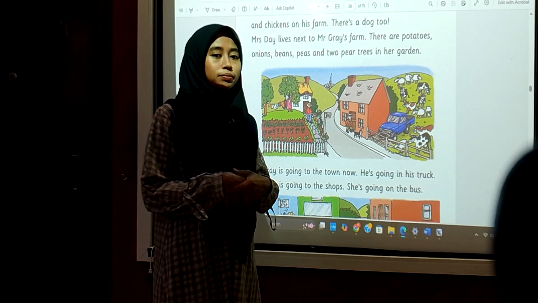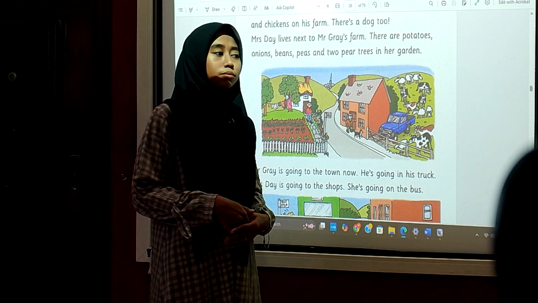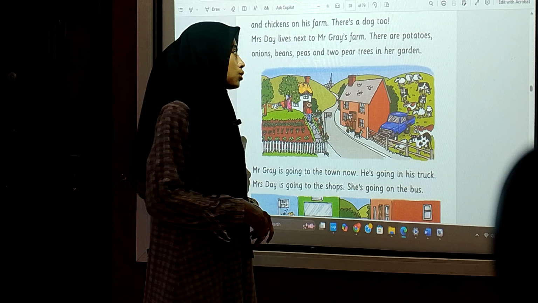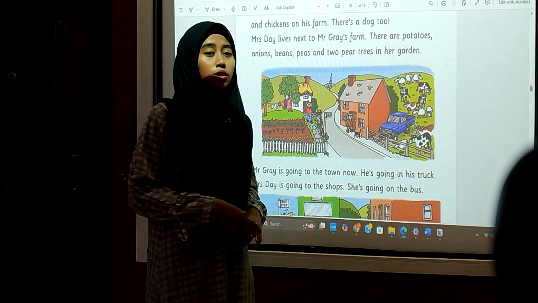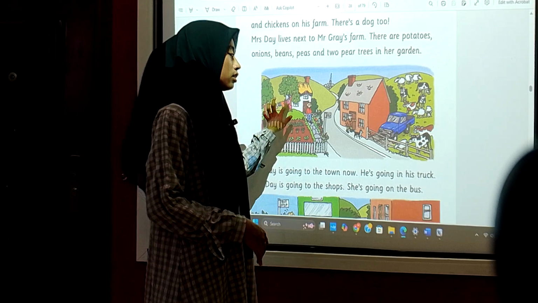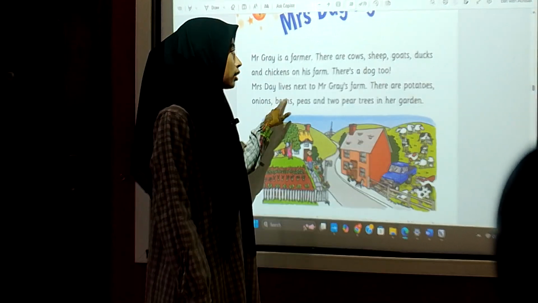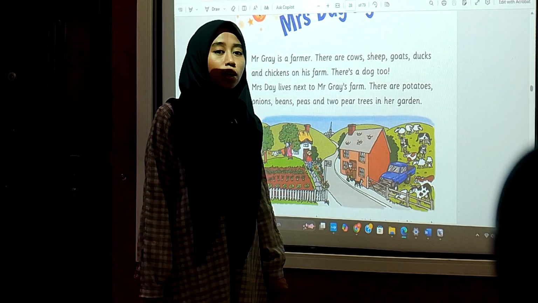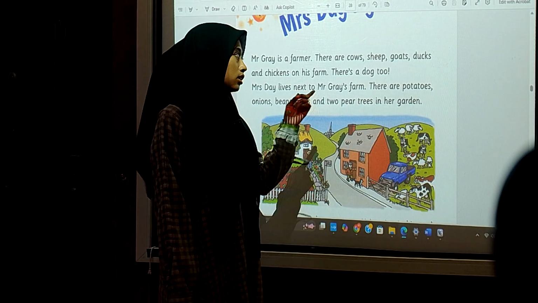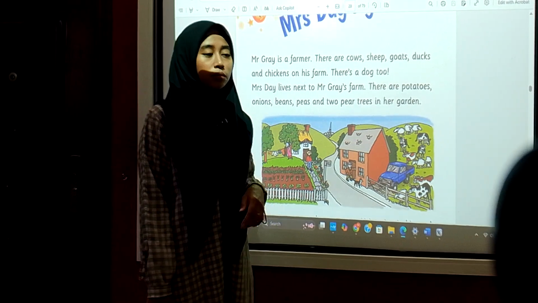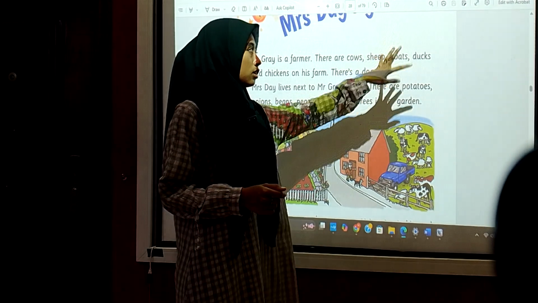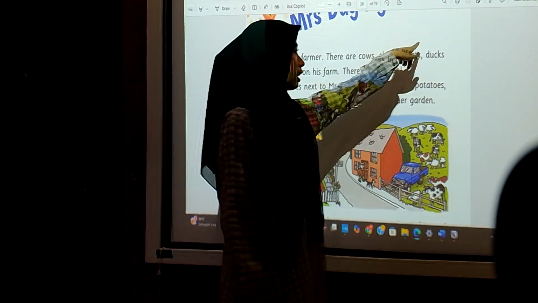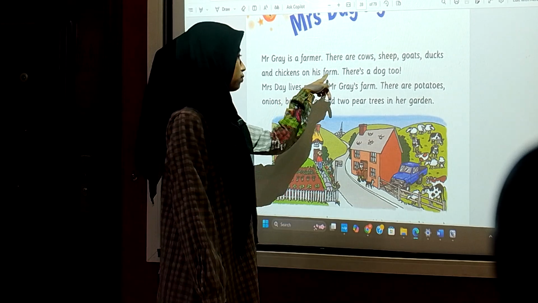I ask them to read one by one, and then after they read, I will ask them to find out the difficult words, or if I think they don't know the words, I will ask them what the meaning of goat is, and they will answer domba, and I will say this is not domba but kambing. I will ask them to write down above the words, like this one should be kambing, and then how about farm.